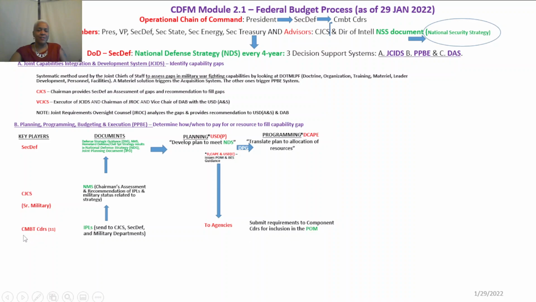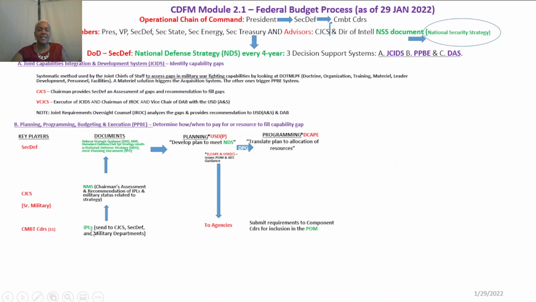So again, with our combatant commanders, this is what it's saying here. They submit their requirements to the component responsible for inclusion in the POM. So what this is saying is combatant commanders do not do their own Program Objective Memorandum. That's what it's called, the POM. So they don't do their own POM. Again, I told you, they don't own anything.